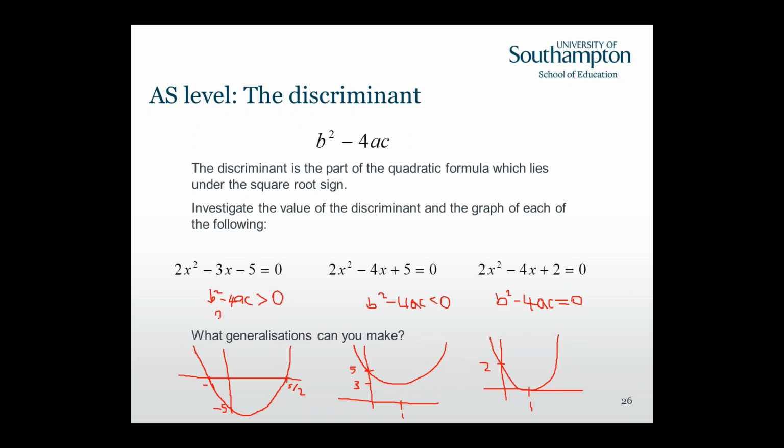So if it's a positive discriminant, you know you're going to have 2 roots. So when I was sketching these graphs, I calculated the discriminant, and I was like, okay, I've got 2 roots, which means that I can factorize it, and then I can find the roots, and that's how I sketched it.